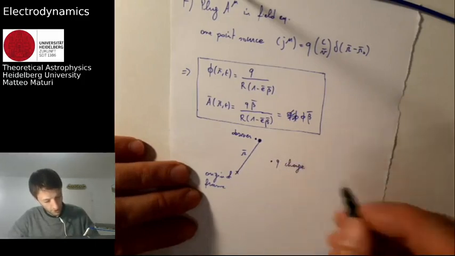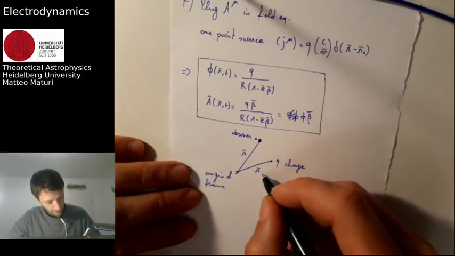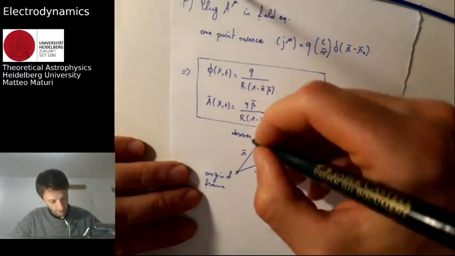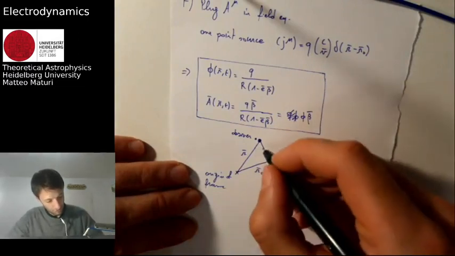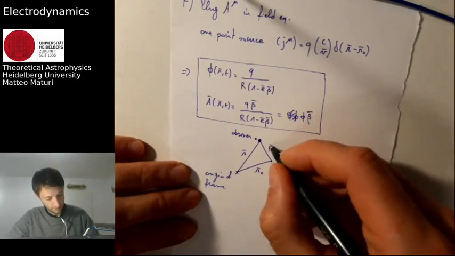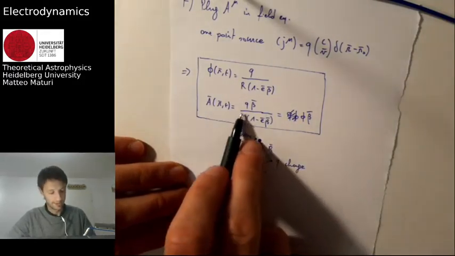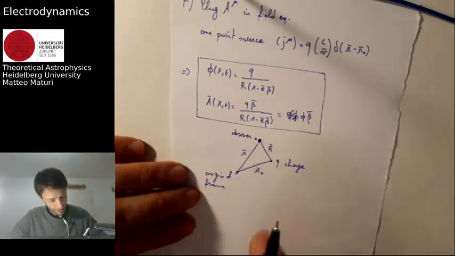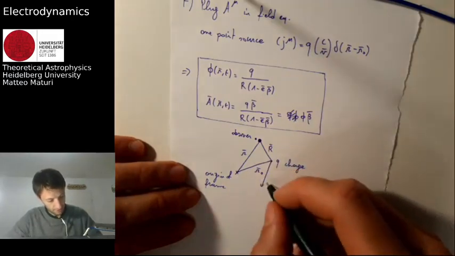So we have one charge here. This is going to be R0, you see, here. This is going to be the separation between the observer and the charge, big R. So you see R is the modulus, so this represents the separation between the observer and the charge, and the particle might be moving, I don't know, in this direction.